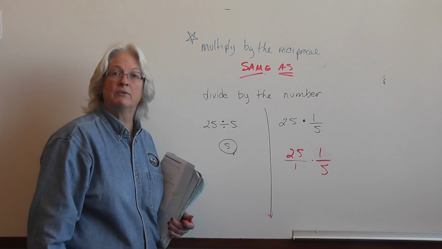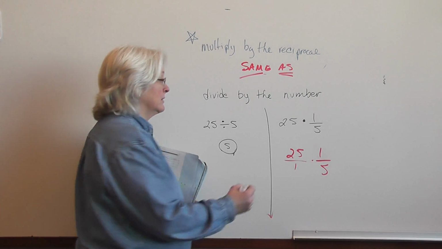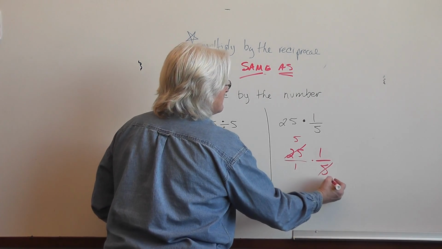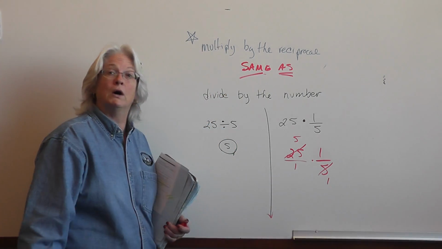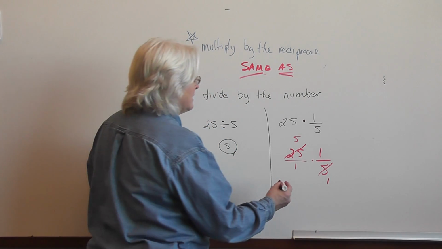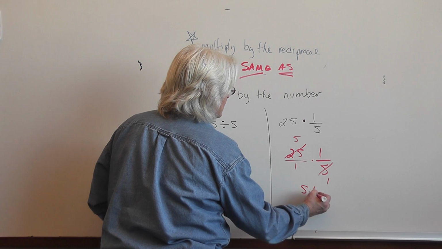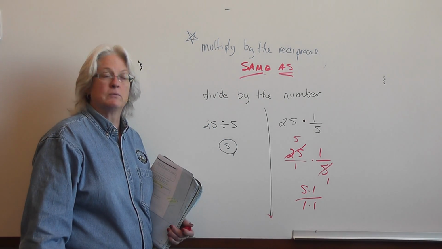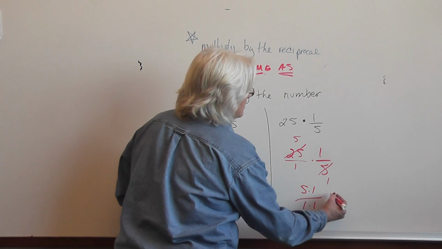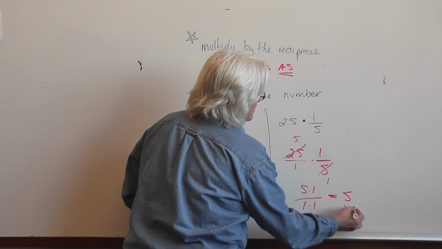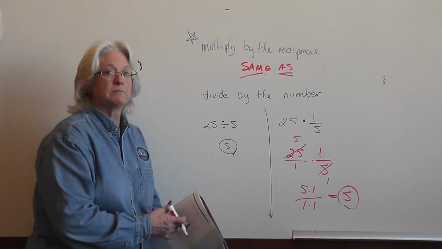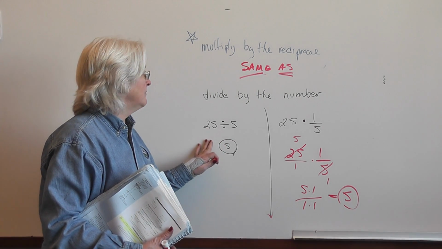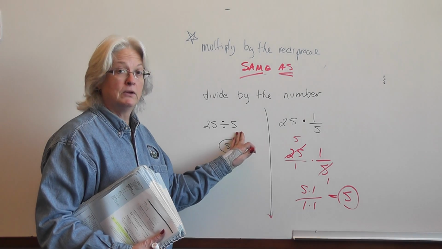They now have a common factor of 5, don't they? 25 divided by 5 is 5. 5 divided by 5 is 1. We multiply numerators together. Multiply denominators together. 5 times 1 divided by 1. The answer is 5.